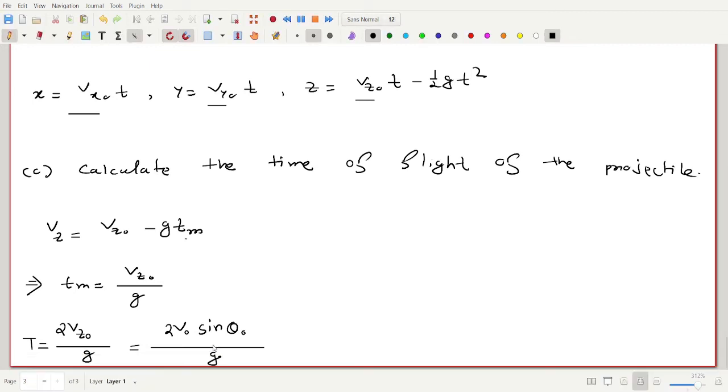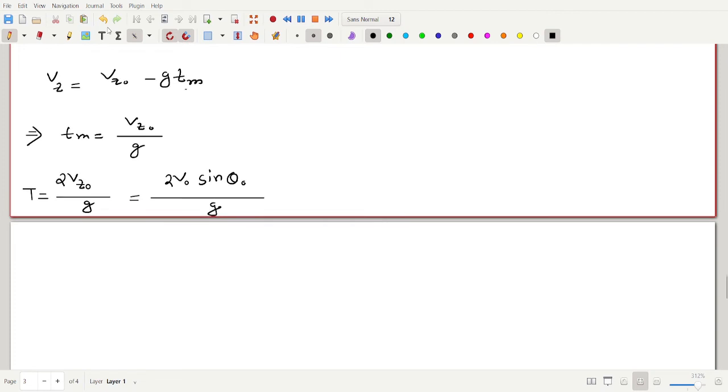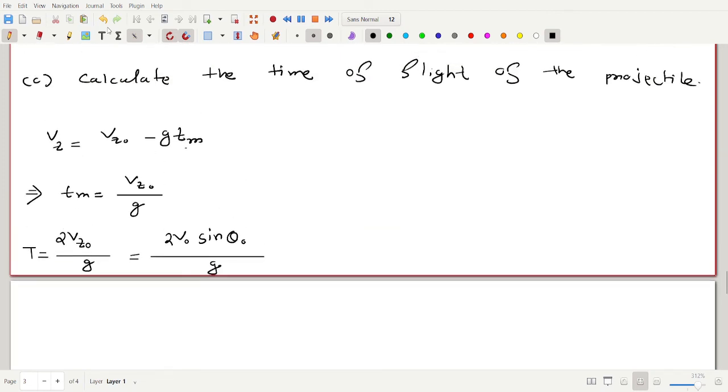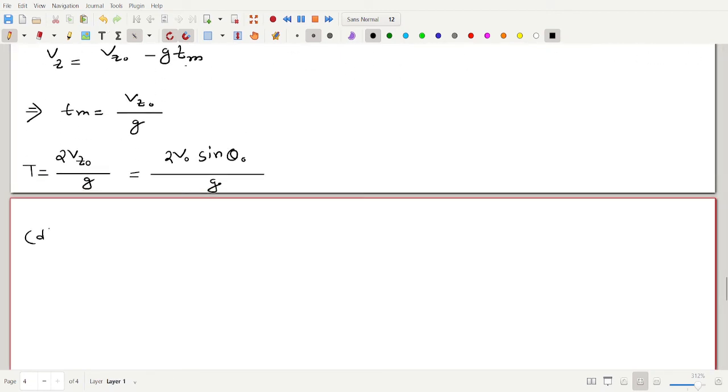Now what will we calculate next? We will calculate the horizontal range. Sorry, let me check the question.